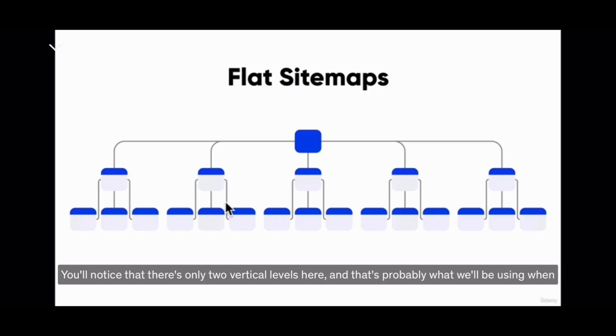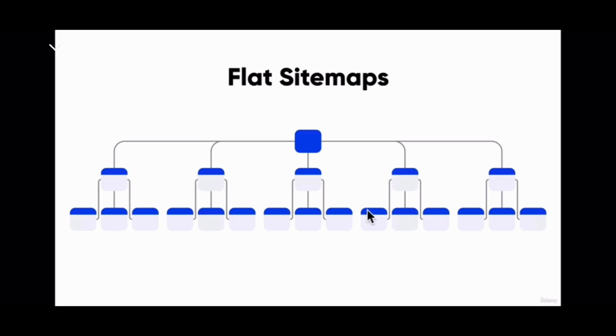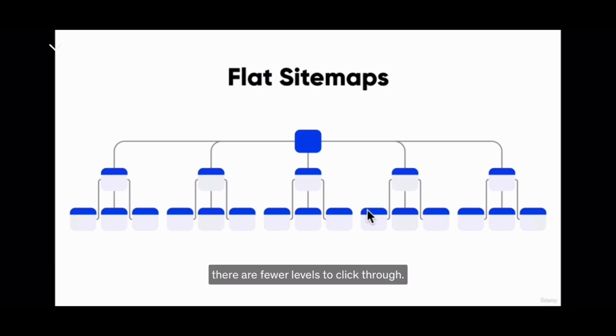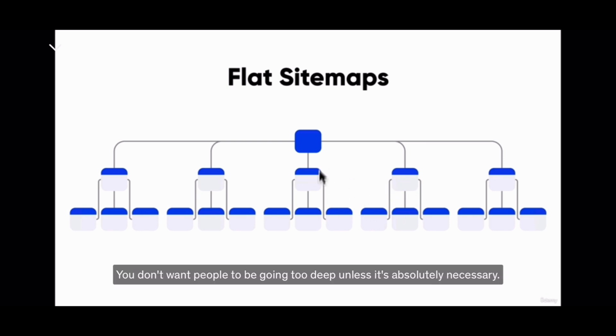You'll notice that there are only 2 vertical levels here, and that's probably what we're going to be using as we create our sitemap. But with 4 or fewer vertical levels, they all help enhance the discovery of the content because there are fewer levels to click through. So you want to use this for smaller products. You don't want people going too deep unless it's absolutely necessary.